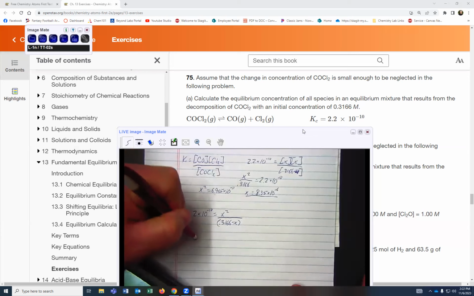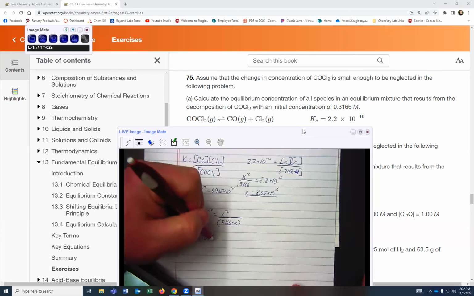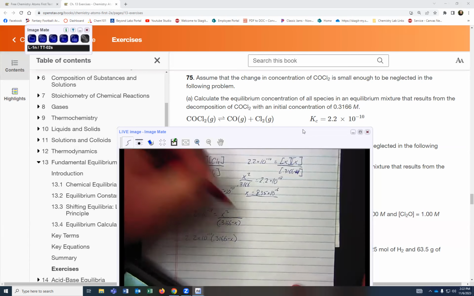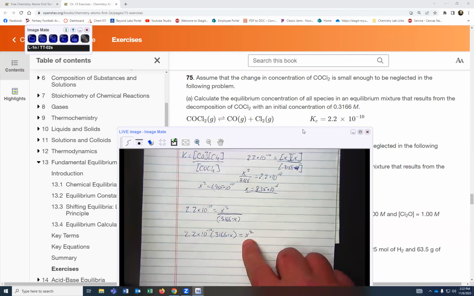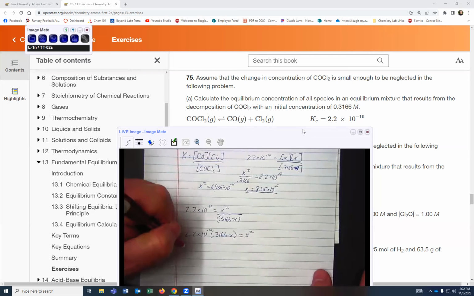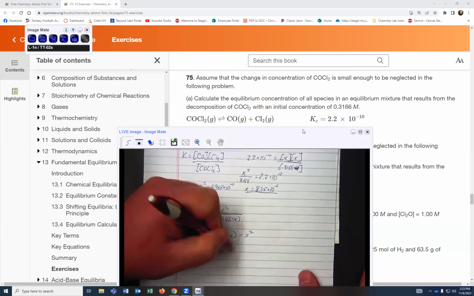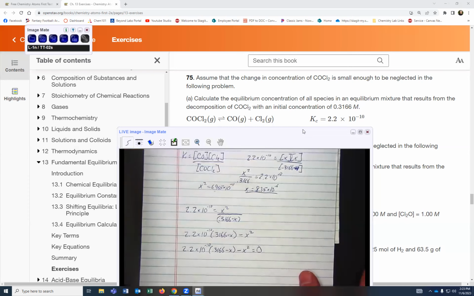So I get 2.2 times 10 to the minus 10 multiplied by 0.3166 minus x equals x squared. I'm going to move x squared over to the other side of the equation: 2.2 times 10 to the minus 10 times 0.3166 minus x, and then minus x squared should be equal to 0.